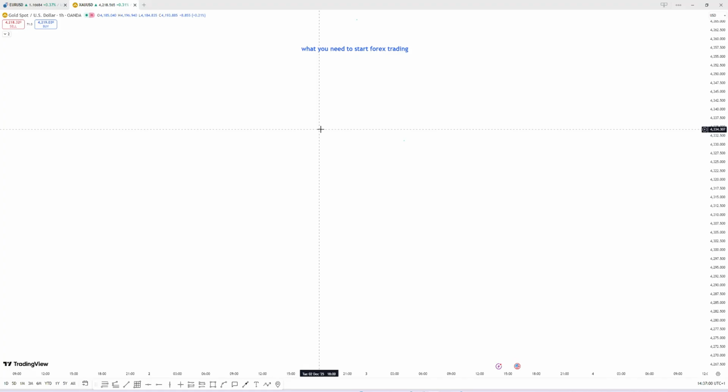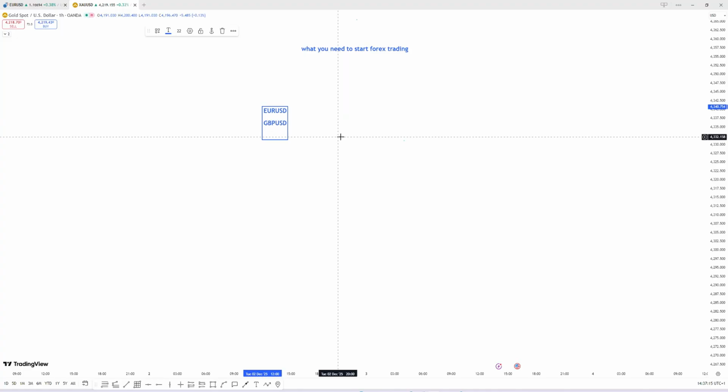For instance, we have Euro USD. Euro USD is a major currency. Great British Pounds USD is a major currency. USD JPY is also a major currency, right?